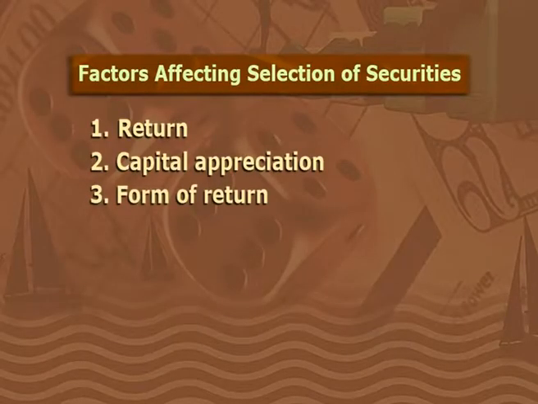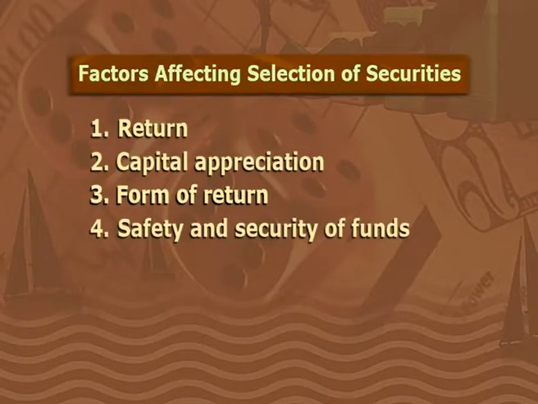Number 3, form of return. The form of return may be expected in 2 ways: periodic receipts such as cash dividends in case of stocks and interest incomes in case of bonds, bank deposits, etc. Capital gains refers to the difference between purchase price and selling price of an asset.